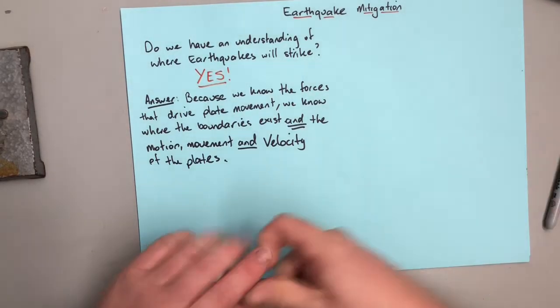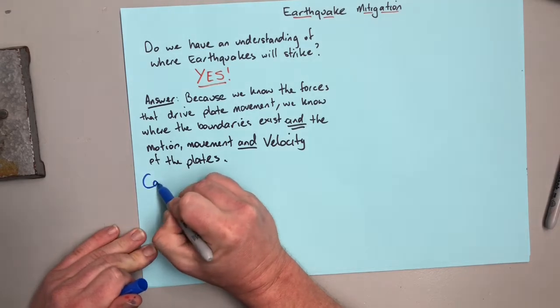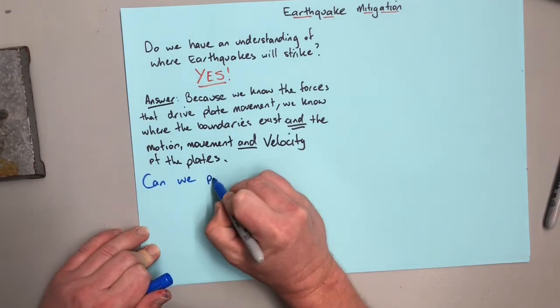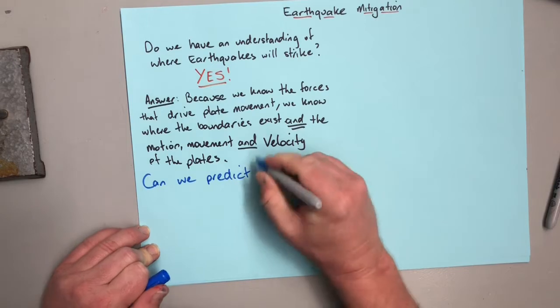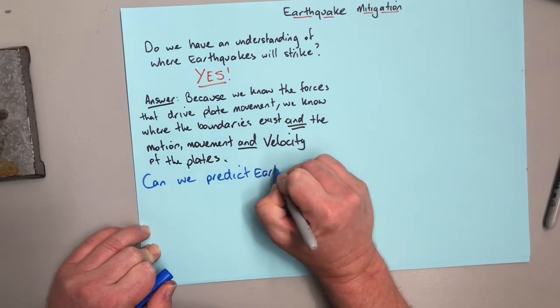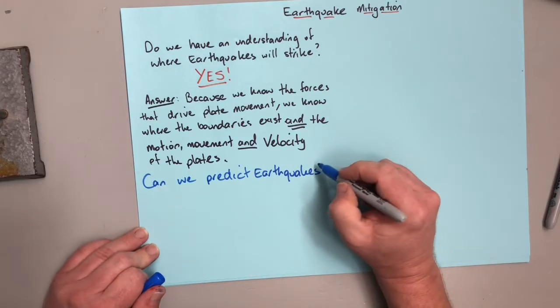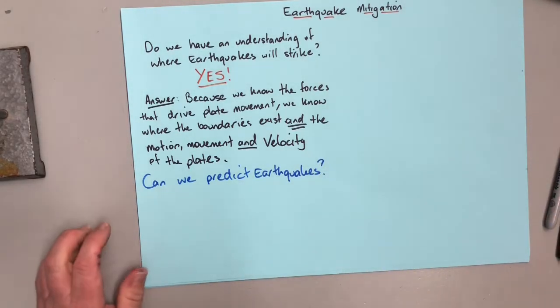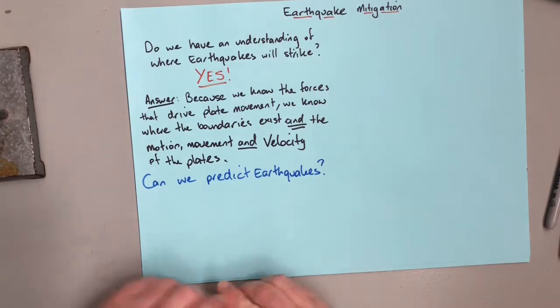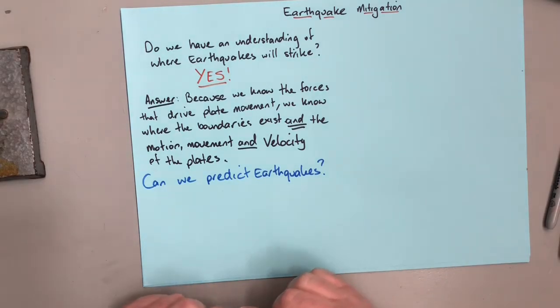Let's ask another question. Can we predict earthquakes? Well, it's a tricky one. Some people would say, yes, you can predict an earthquake, and I guess to some point you can say that.